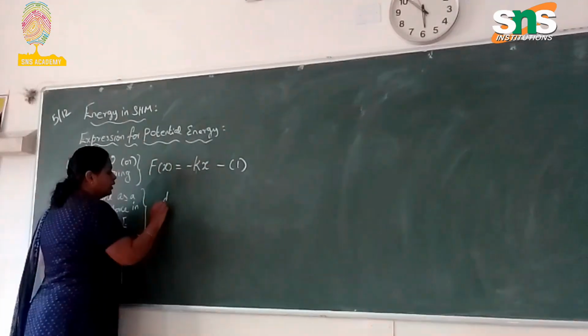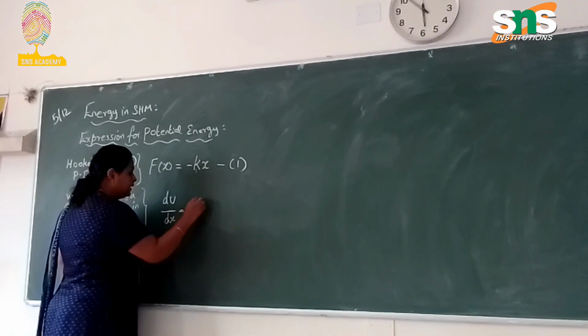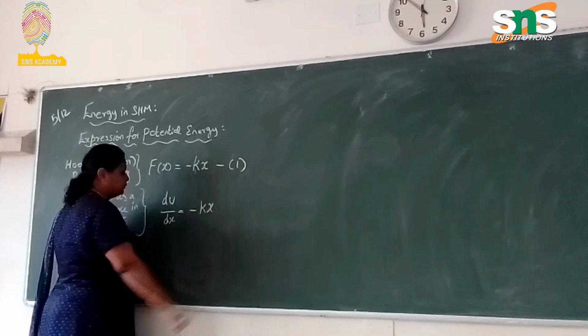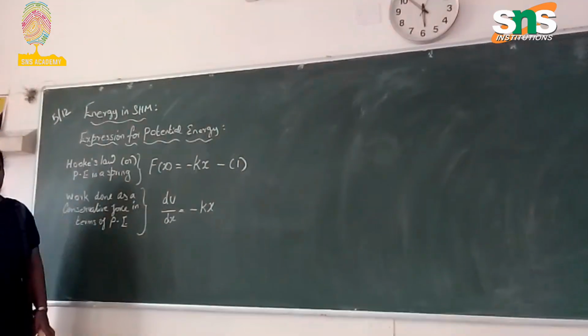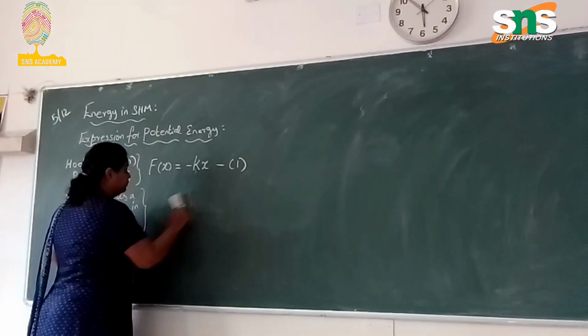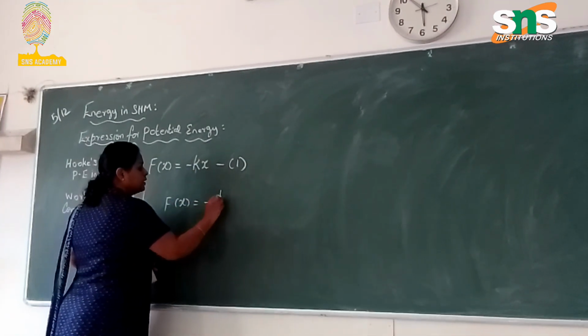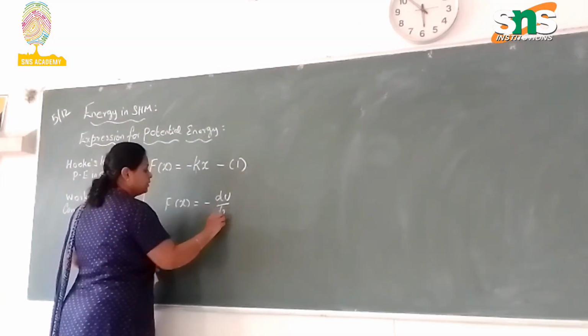The equation is F of x equal to minus du by dx.